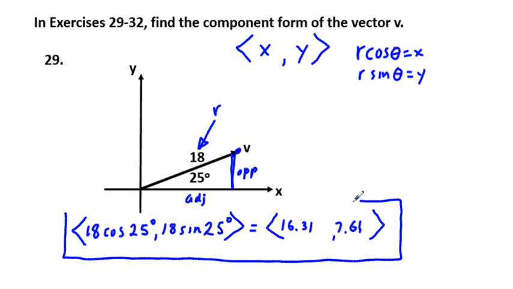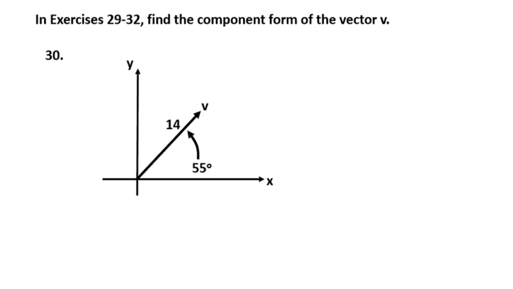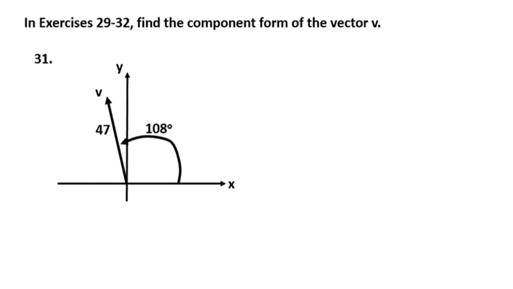And really, that's all there is to it. If we can just remember, our cosine is x and our sine is y, and r being the radius, if you want to call it that. And 30, very similar to 29.